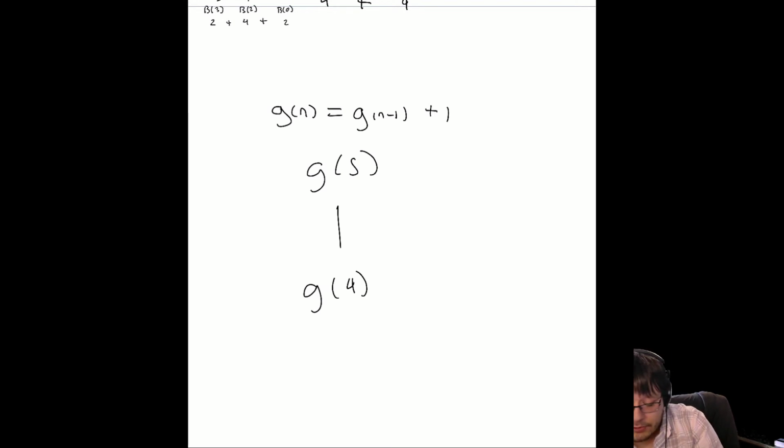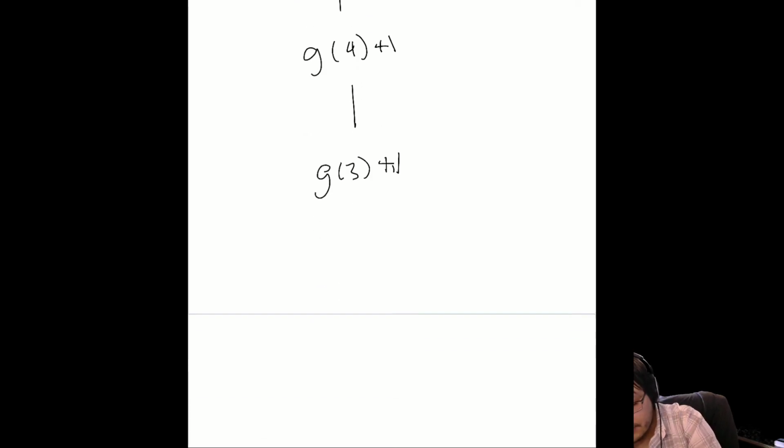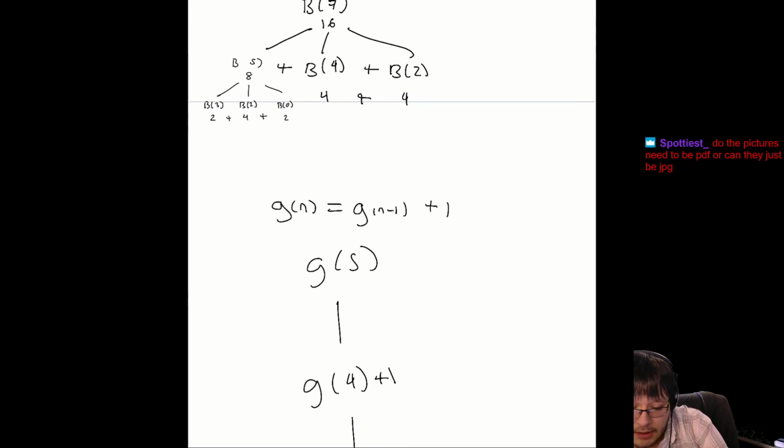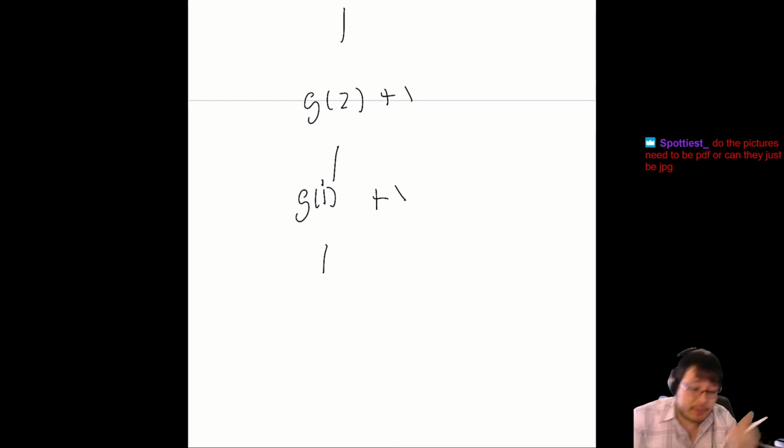So whatever G of 4 is, plus 1, okay? G of 3 is based off what G of 3 is, plus 1, which is based off what G of 2 is, plus 1, and then based off G of 1 plus 1. But yet again, we need a base case to this. So let's say that G of 1 or G of 0 is equal to 0. Let's say that's our base case.